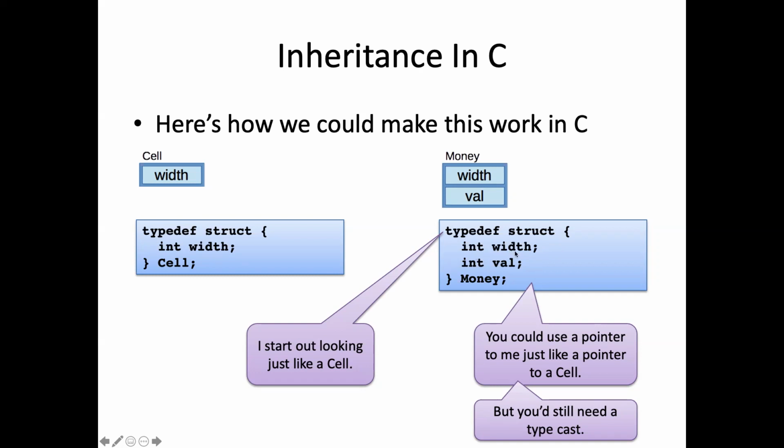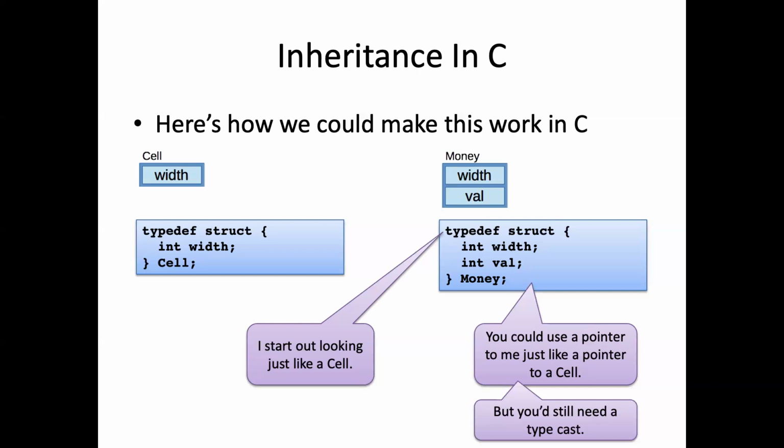But if it also has other fields that only a money object should have, we'll add those afterward. And I can see here I guessed wrong a couple of slides ago. I couldn't remember if I had made that floating point or an integer. It looks like I made it an integer, so it's probably counting the number of cents in that money amount.